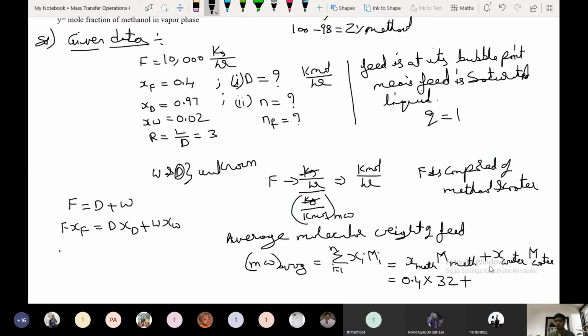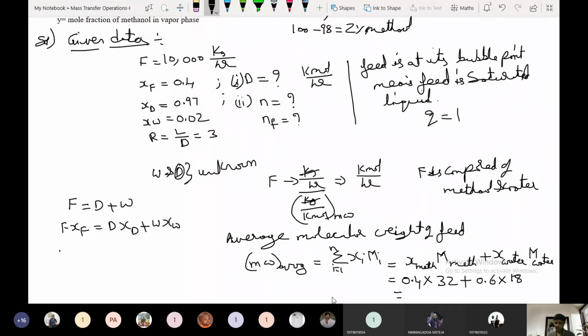Plus water, the composition of water is 1 minus 0.4, which is 0.6, since only two components are there. We can subtract from 1 to obtain the remaining fraction. So water has a molecular weight of 18.